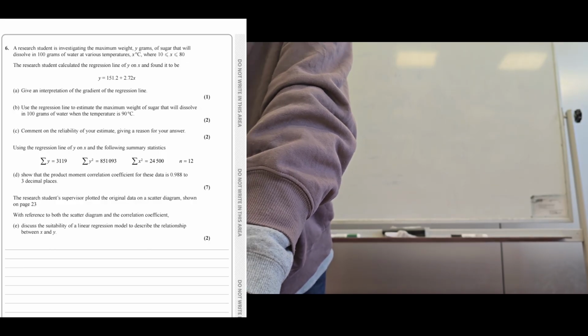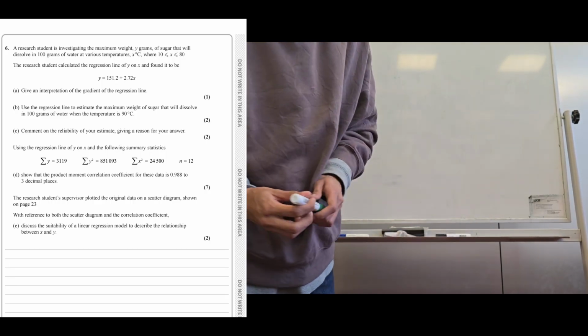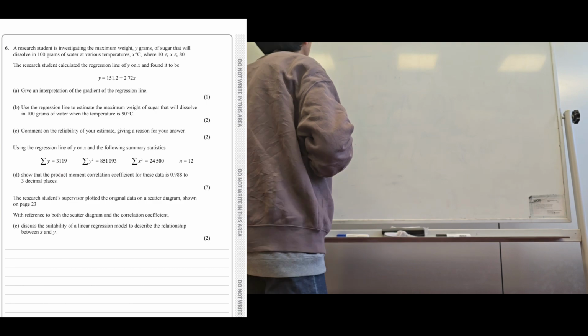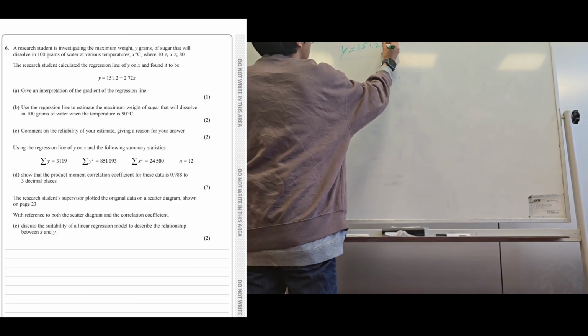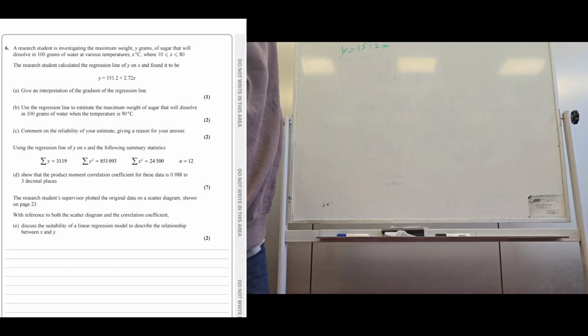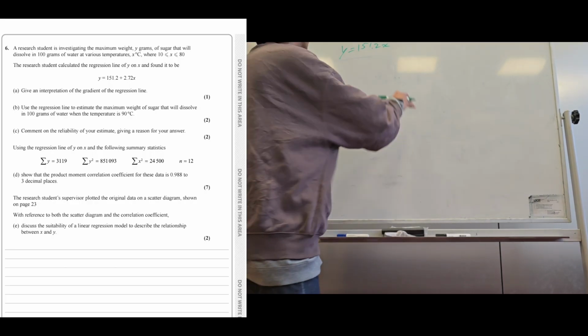So the approximation of this equation, let me just write that down: y = 151.2 + 2.72x.